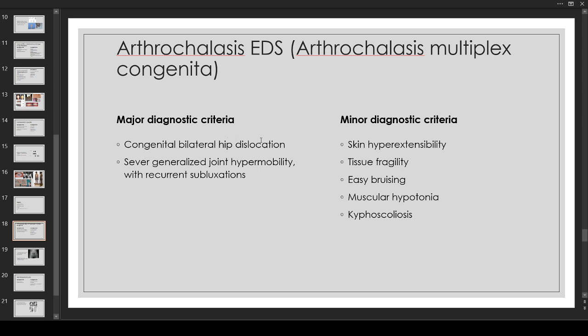It's going to give away this kind of abnormality, and severe generalized joint hypermobility with recurrent subluxations. Subluxations basically means that the joint is going to be lower than it should be. And minorly, it's going to be hyperextensibility, tissue fragility, easy bruising, muscular hypotonia, and kyphoscoliosis.